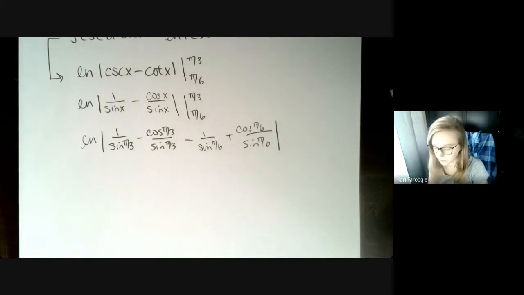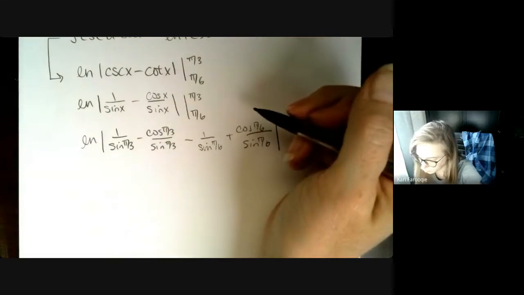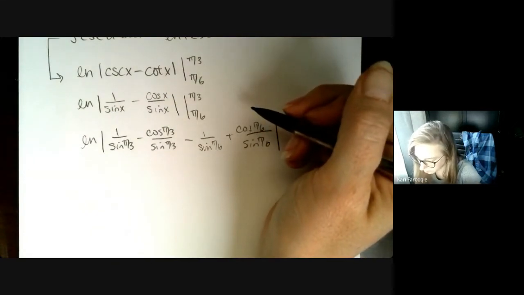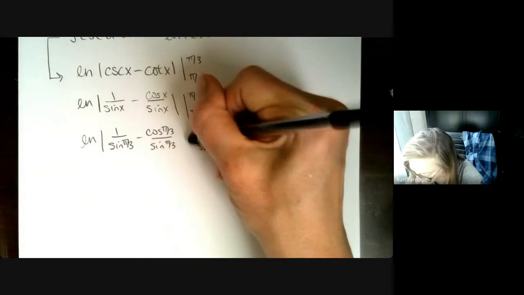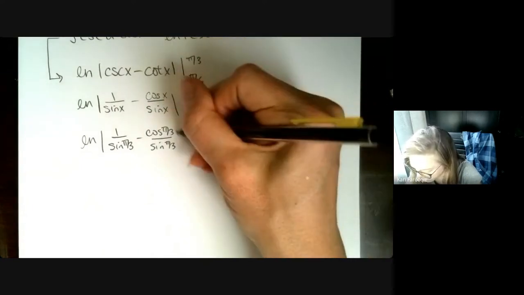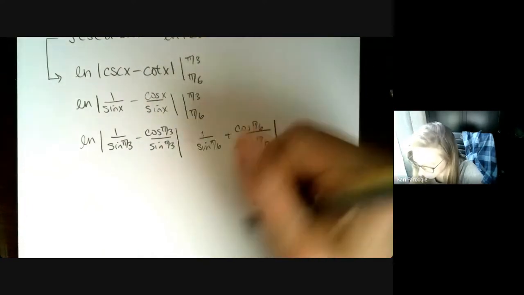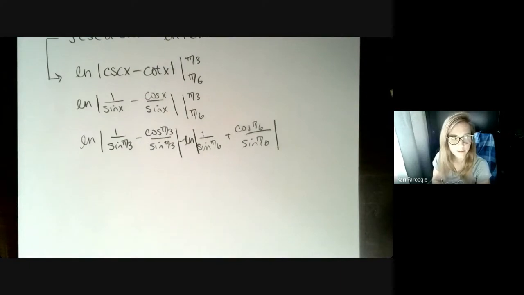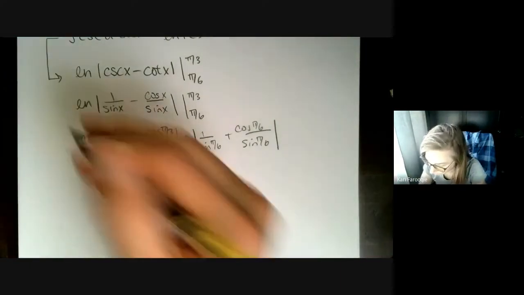I'm going to write this the way it's supposed to be rewritten because I can't technically factor that out. So this would be the ln of the upper limit minus the ln of the lower. I don't want to do anything crazy here.